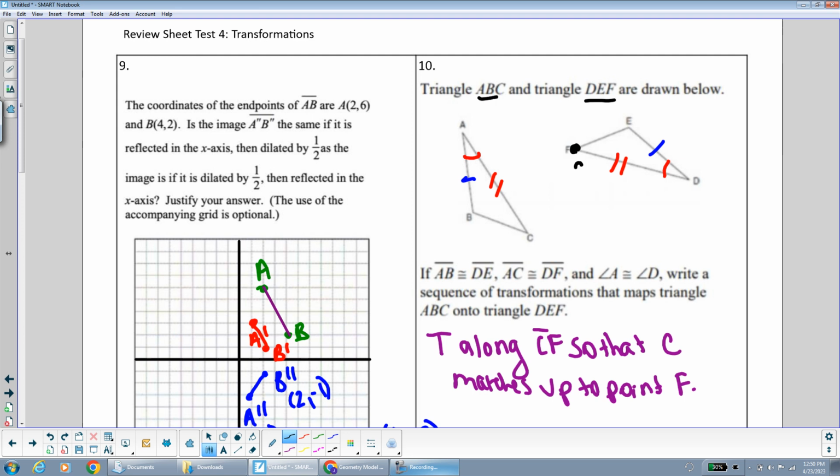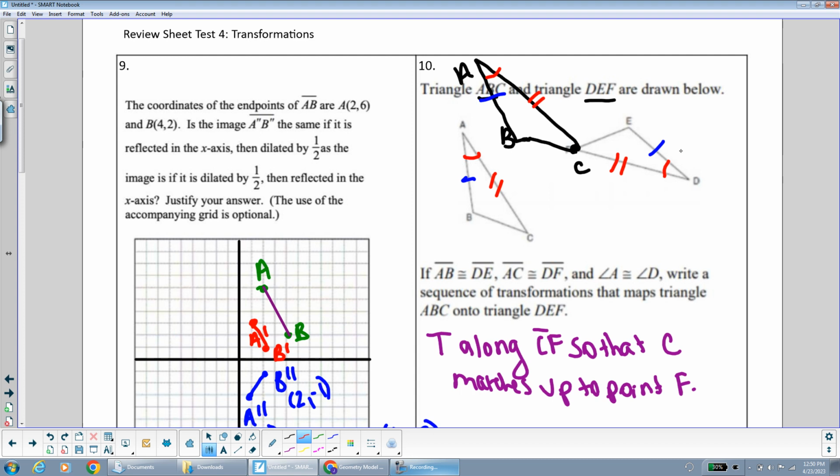point C would be over here. Let me draw the rest of it. That would be B. And A. So what we could do now, if we do the translation so that it moves up to where point C is now, we can just rotate it so that angle A matches up to angle D and AB matches up to DE and AC matches up to DF, because we know that angle A is supposed to be congruent to angle D, so they're supposed to match up.